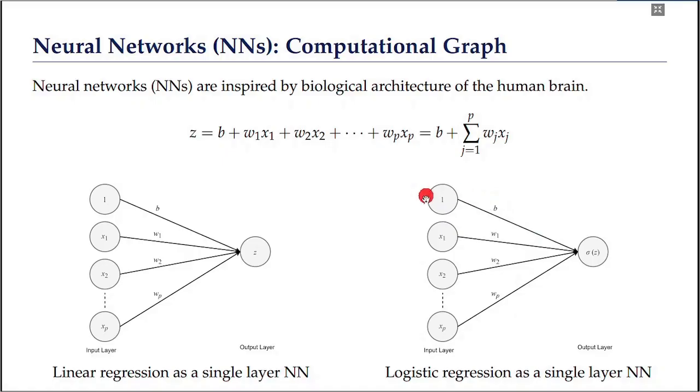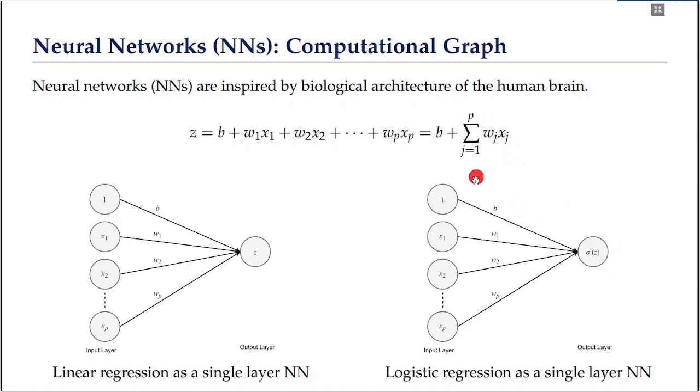Each input node, or the value assigned to each input node, is multiplied by the corresponding weight: 1 times b, x1 times w1, x2 times w2, and xp times wp. Then these products point to the following node here, which is, let's say, sigma of z. The products are added, and finally sigma of z is nothing but sigma of b plus the sum of wj xj, where j runs from 1 up to p.